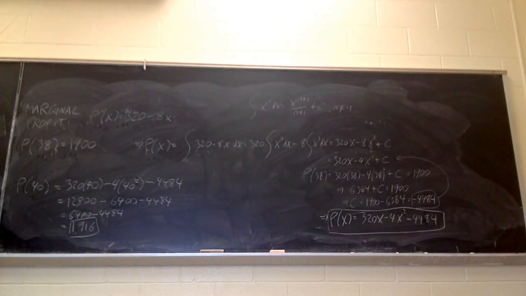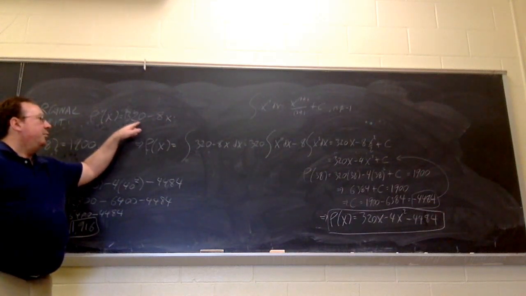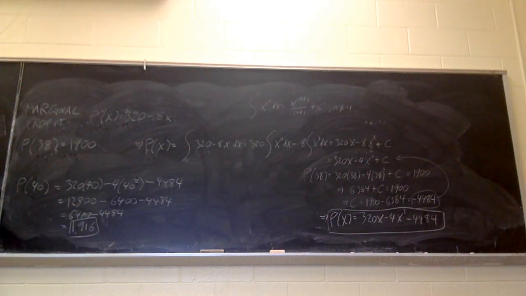At 38 units, it's 320 minus 8 times 38, which is only $16 at that point. So it's not really surprising that we gain very little additional profit from selling those 2 extra units. Whereas when x is small, the marginal profit is much higher. So marginal profit is a decreasing function of x. The more units you produce, the less you gain in terms of profit.